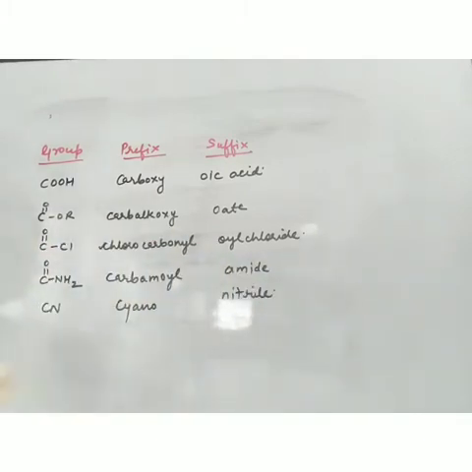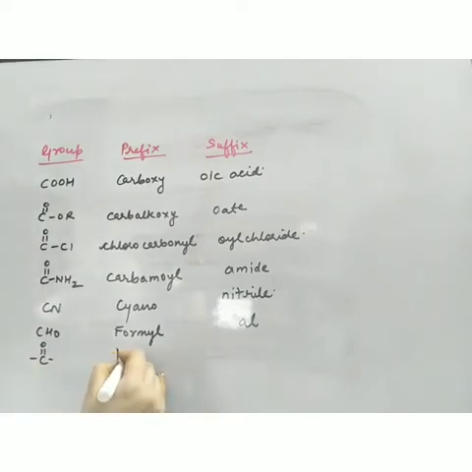The next is CHO. The prefix is formyl and the suffix is al. Now the ketone group. What prefix do we use? We can use keto or oxo and the suffix is one. The next is OH, the alcohol group. The prefix is hydroxy and the suffix is ol.